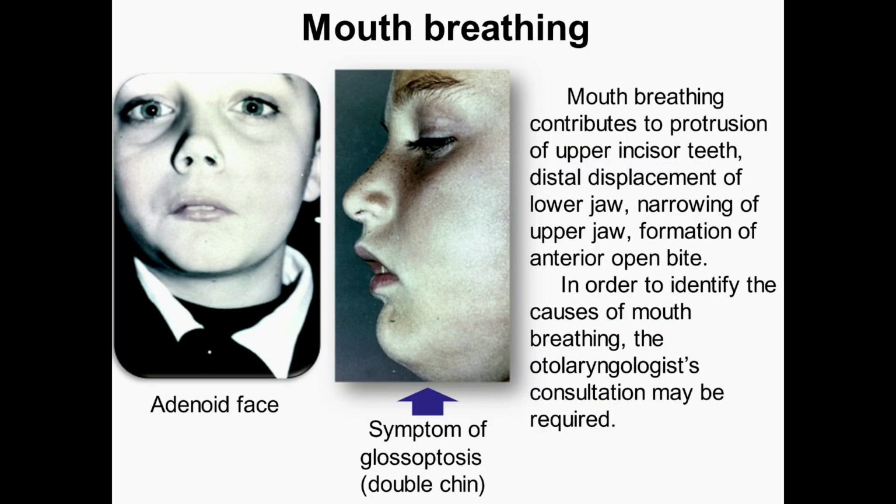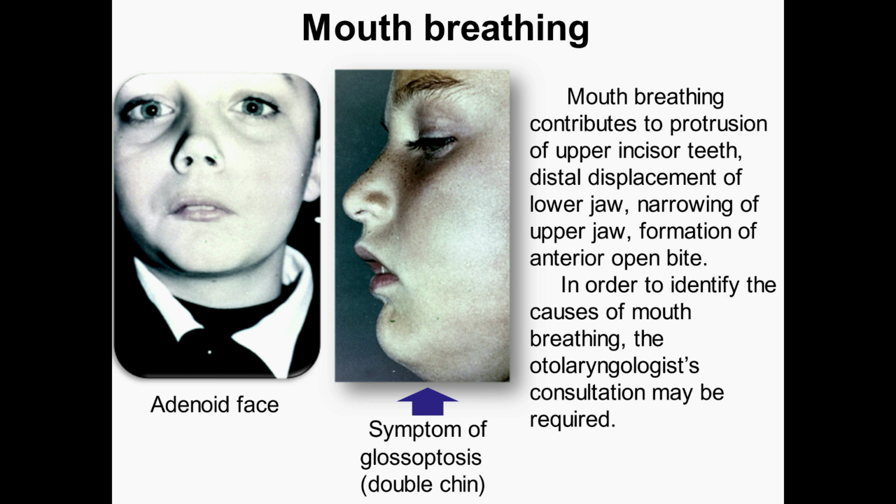Mouth breathing contributes to protrusion of upper incisor teeth, distal displacement of the lower jaw, narrowing of the upper jaw, and formation of anterior open bite. In this case, the external examination allows revealing the abnormality of lip seal and tongue position, a broad nasal bridge, narrow nose, and double chin.